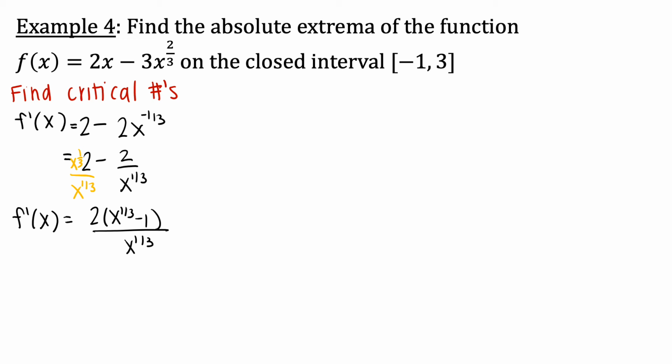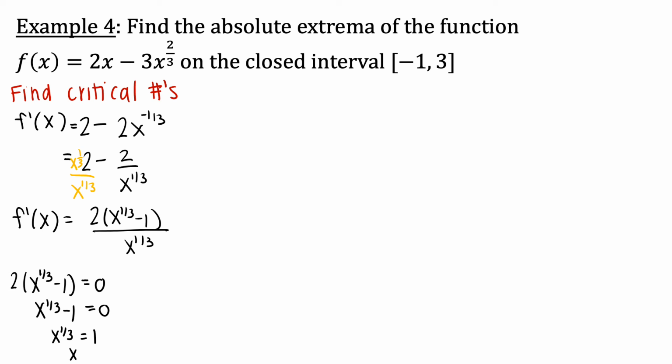Now our critical numbers will happen anywhere where this is equal to 0, so setting the numerator equal to 0, and then also because we have that denominator, that's where we would have some kind of issue, vertical asymptote, vertical tangent, or a cusp. So let's start by setting this 2x to the 1/3 minus 1 equals 0, and we get x to the 1/3 minus 1 equals 0, x to the 1/3 equals 1.